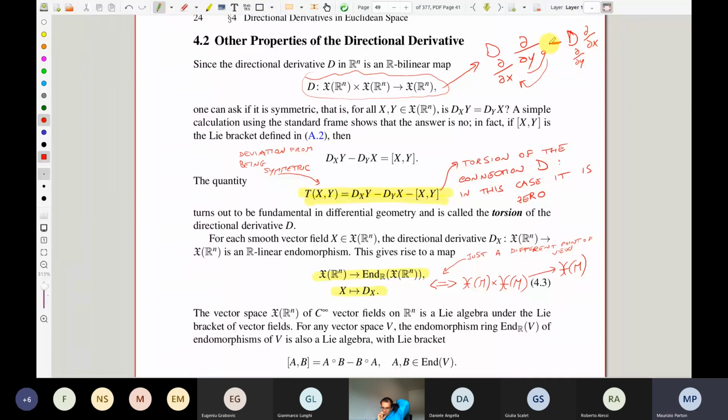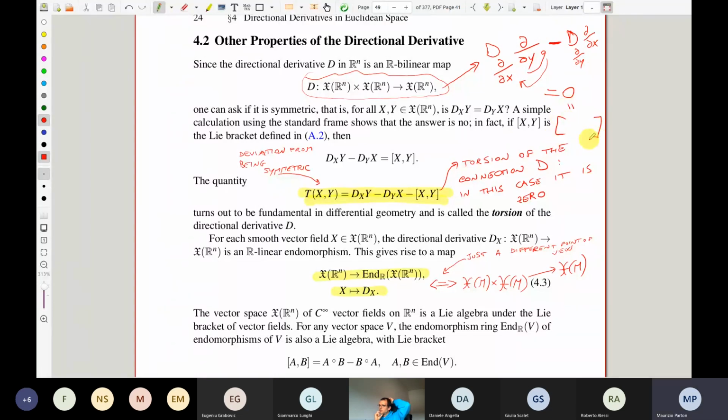So in some sense, this difference, which is zero in this case, is measuring whether this is symmetric or not. Actually, this zero is given by the bracket.